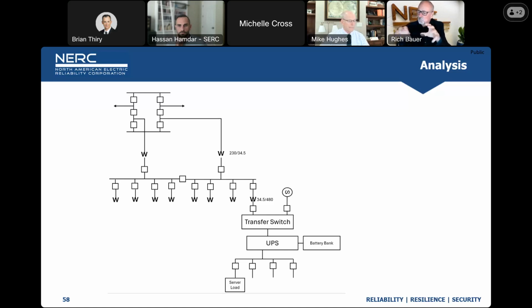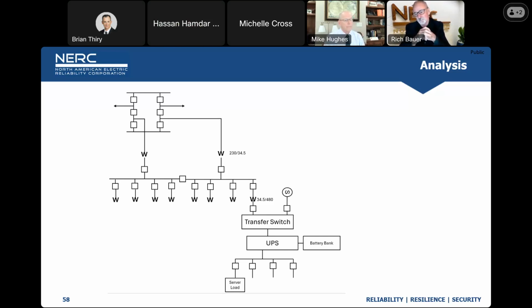So when we look at this system, what we would anticipate is if I had a disturbance that resulted in a very low voltage for a very short period of time, as Hassan mentioned, that fault was cleared normally, which means in less than 4 cycles.